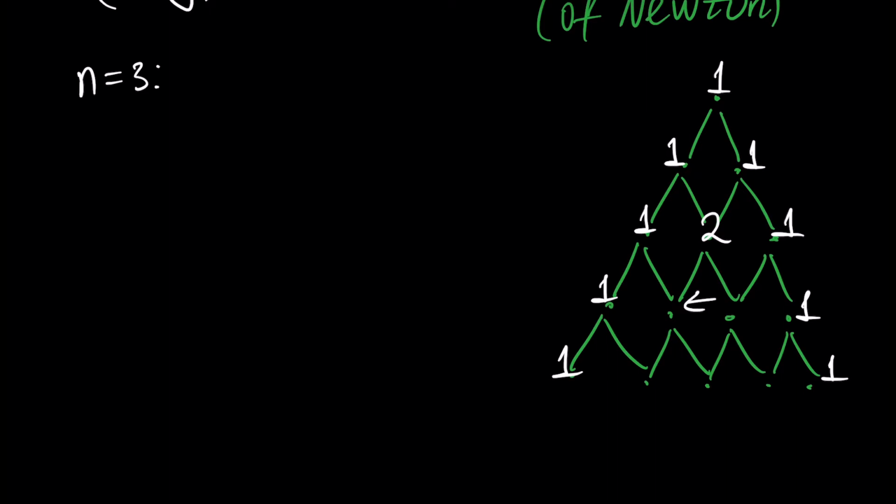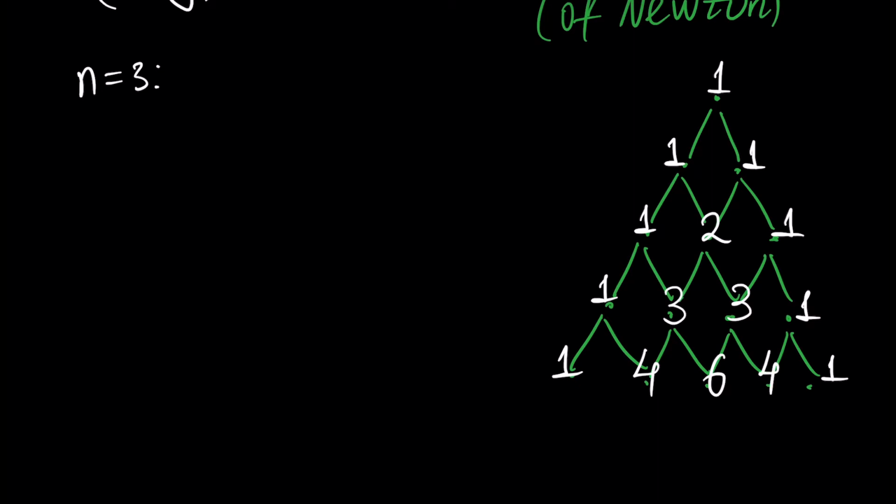At this point, we write the sum of these two elements, which is 3. Here, we also write 3, the sum of these two elements. Here, we write the sum of these two elements, and we will have 4. Here we will have 6, and here we will have 4.